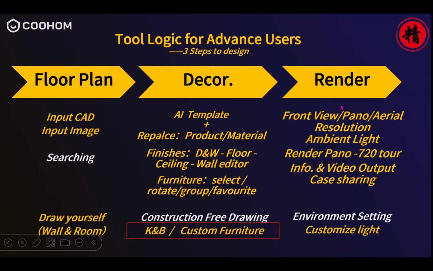Of course, before you turn to the render, we need to finish all the decoration, including some very basic but essential items such as finishings, ceilings, and also the other topic, the wall tile pavings. Today I will talk about this, and it will also have some connecting points between the kitchen and bath and the water paving. So floor plan, decoration, and render.